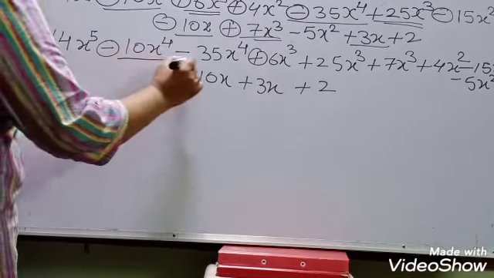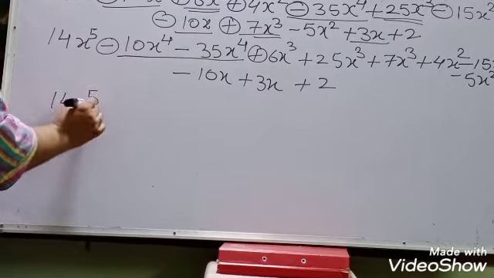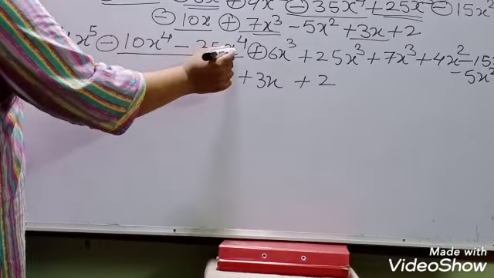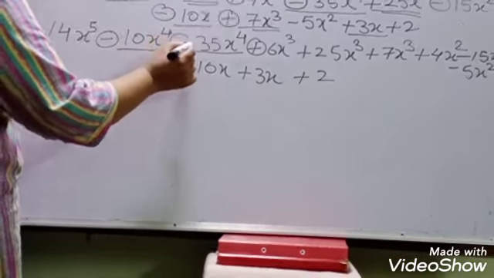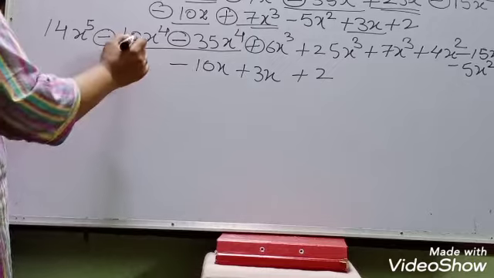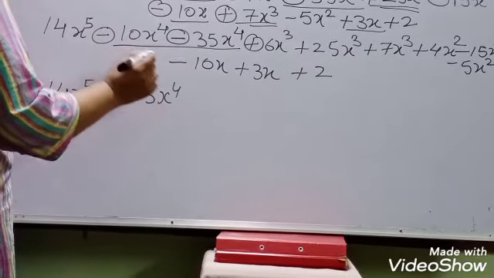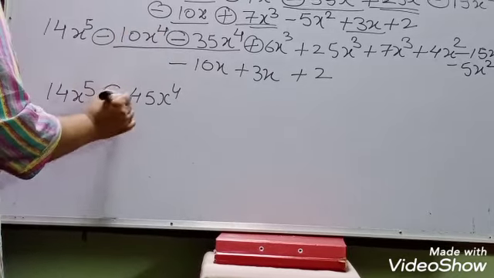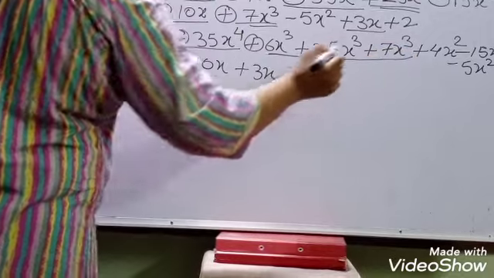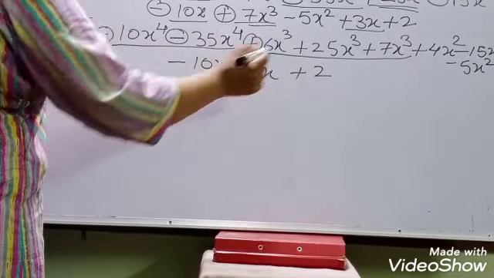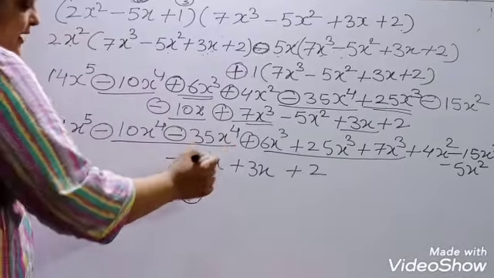So the final answer is 14x raised to power 5. Minus 10x raised to power 4 and minus 35x raised to power 4, both have the same sign, so we will add up the terms. 35 and 10 will become 45x raised to power 4. Since both are negative terms, we will write a negative sign here. Then x cube, all terms have a positive sign, so we will simply add up the terms and write a positive sign.